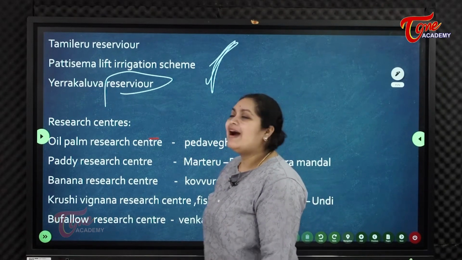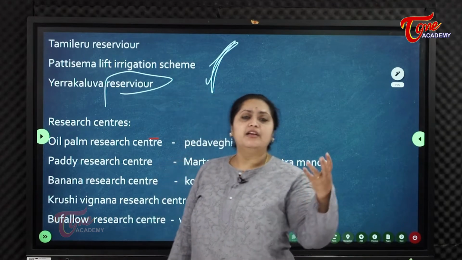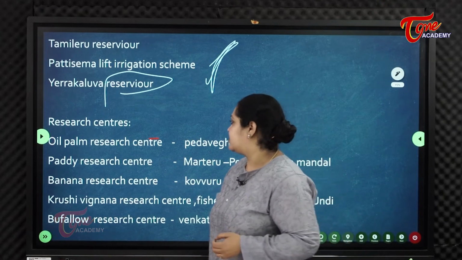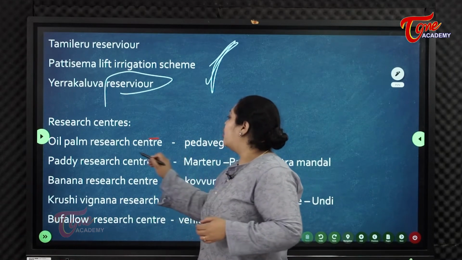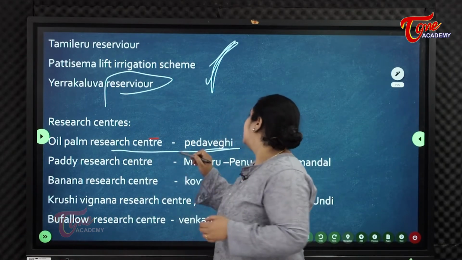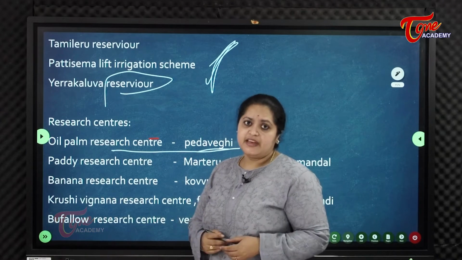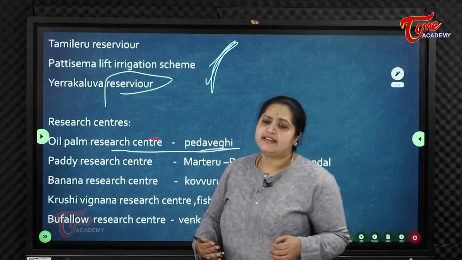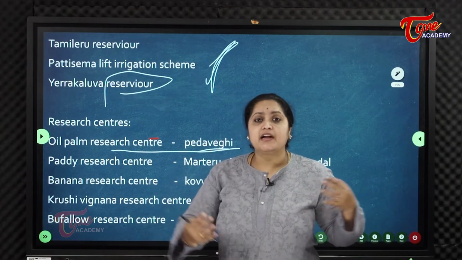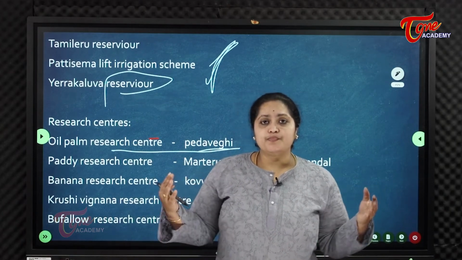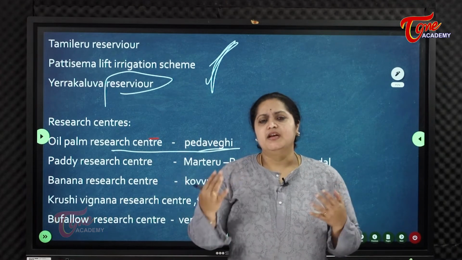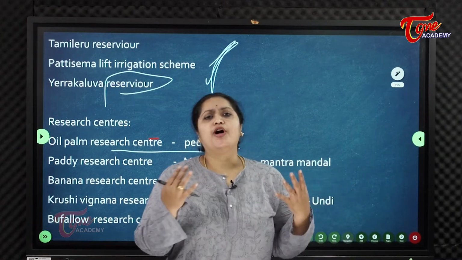Now coming to other research centers and research university locations. We have seen the oil palm research center in Pedavegi. In and around Eluru there are so many oil palm farms, so they are encouraging people to grow oil palm.